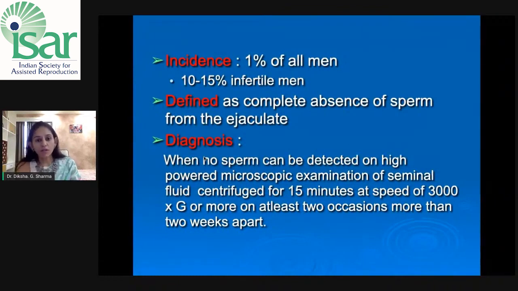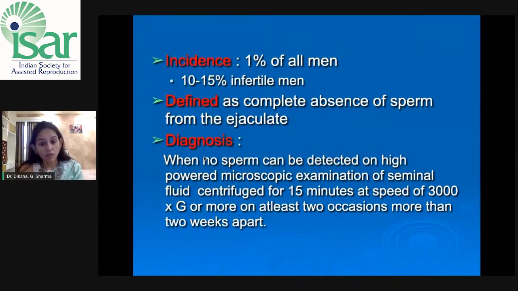Coming to the incidence, 1% of all men have azoospermia, whereas 10 to 15% of all infertile men would have azoospermia. It is defined as a complete absence of sperm from the ejaculate. We need to differentiate it from aspermia, which means the complete absence of ejaculate.